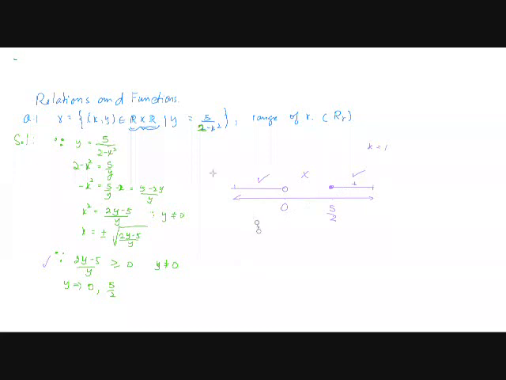So the range of R, the final answer is going to be negative infinity to 0, open, union, closed 5/2 to infinity. Okay, so that's the final answer.